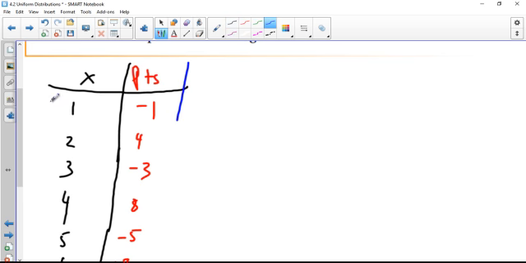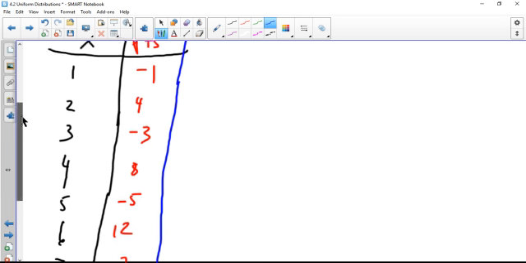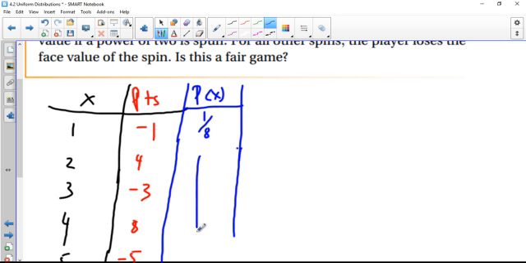So now let's look at the probabilities. The probabilities are all equal at 1/8. And now we want to find the expected value. We want to find x times p of x, and since we're interested in the points, we're using points and p of x for expected value, because it's the expected value of the points, not the spins.